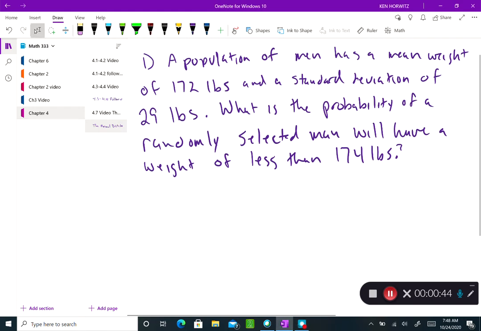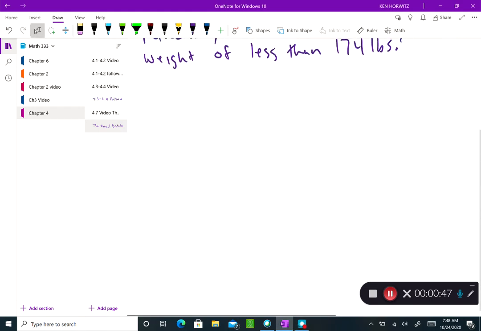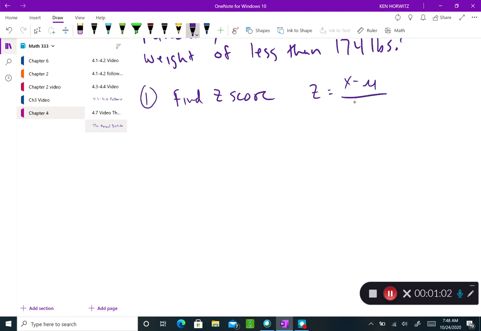But the first thing we need to do here is find our z-score. So the first step is find z-score. We need to remember our z-score formula: z equals x minus mu over our standard deviation, or sigma.